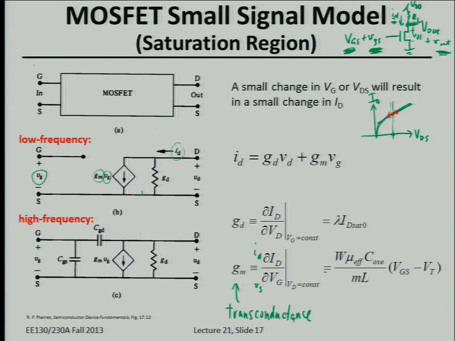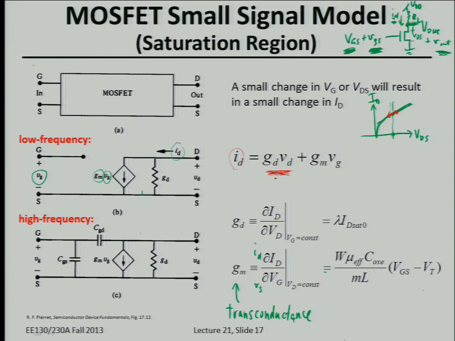Any change in VDS will automatically also cause a change in the drain current, right? So we also have to account for that. The change in drain current is equal to the change in drain current due to a change in the drain voltage, plus the change in drain current due to the change in the gate voltage. So I have to tell you, qualitatively, this is bad.